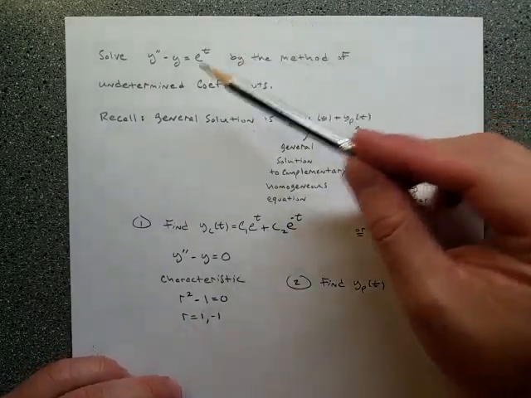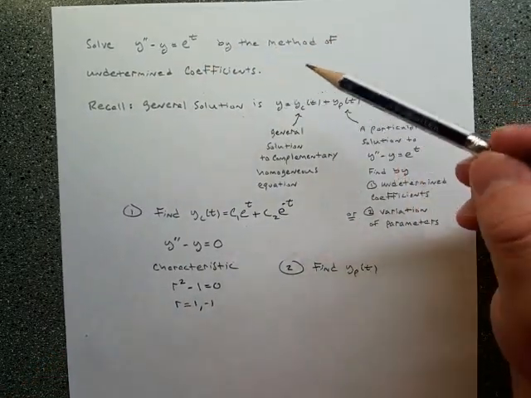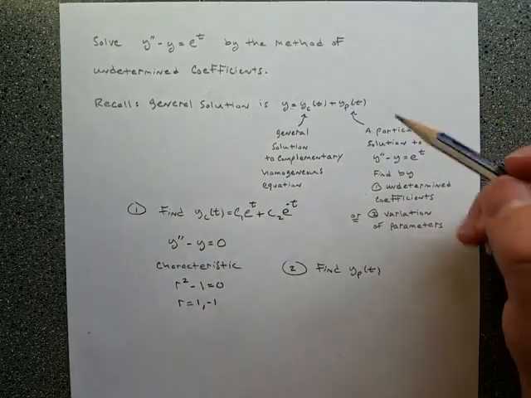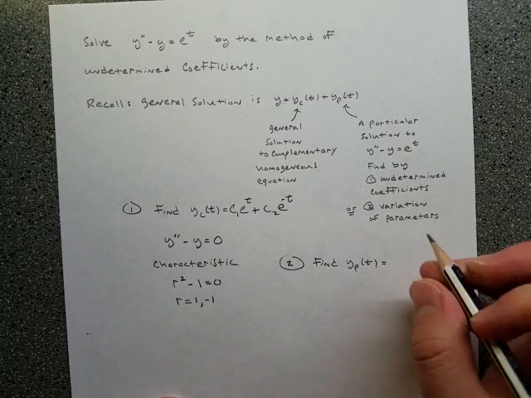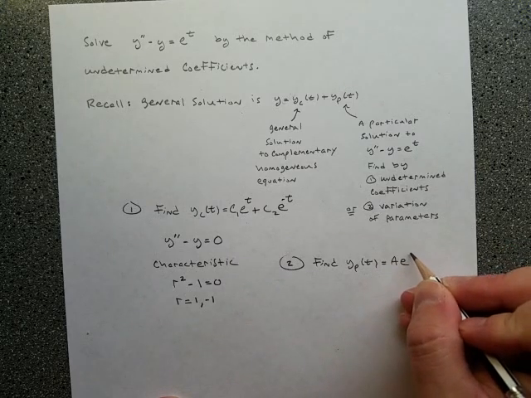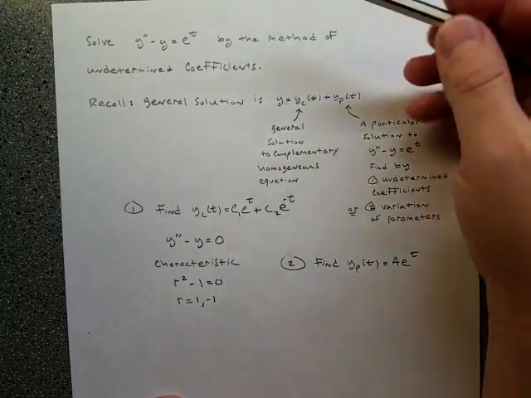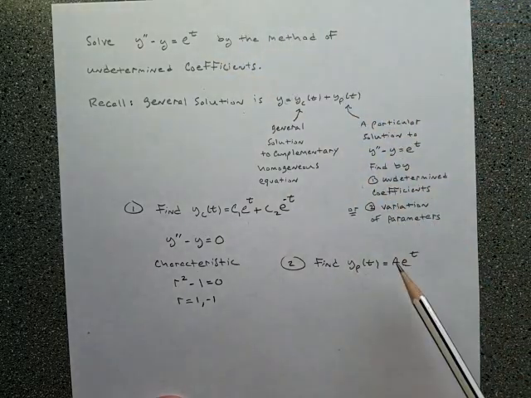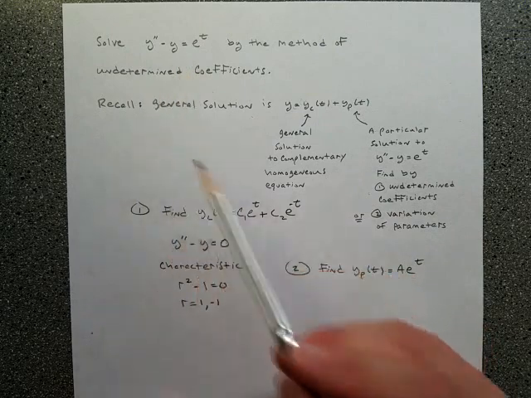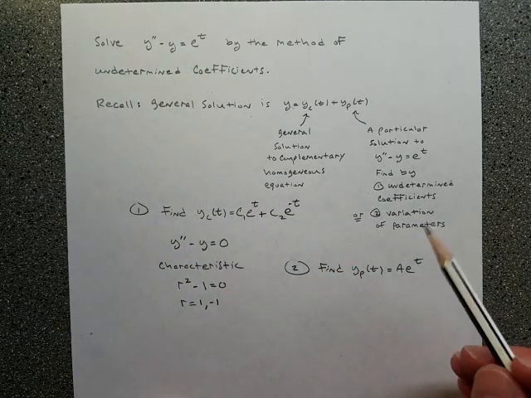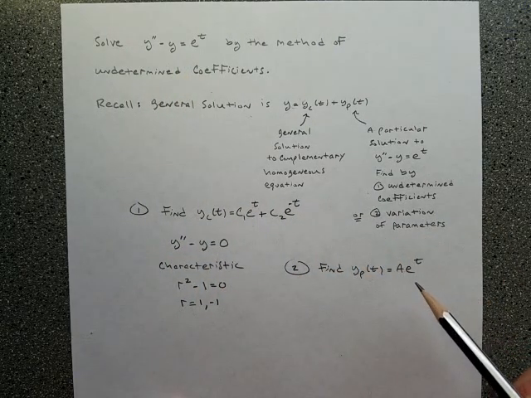And on the formula sheet or in a book, you can look up the guidelines for doing that. But here's what we'll find, you might say that it's got to look like this, but with some unknown coefficient. Hence the name, the method of undetermined coefficients. But it's a little more complicated than that.